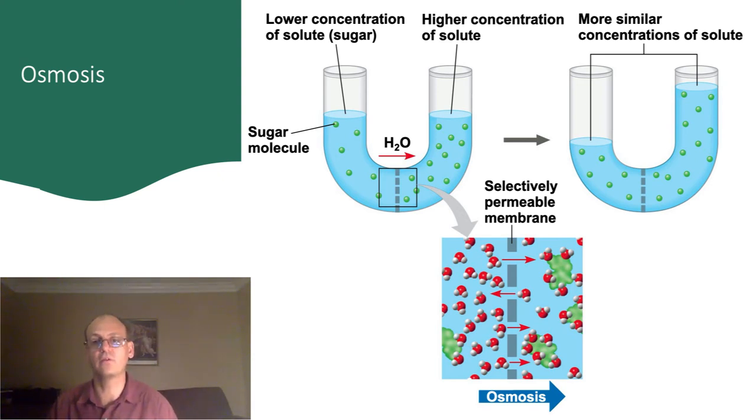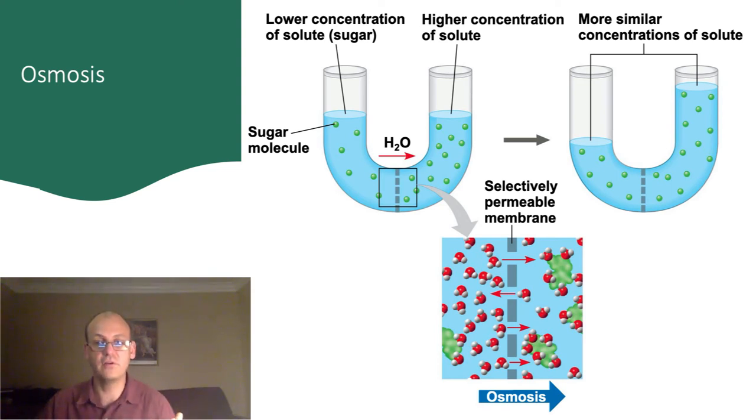Because the water molecules form a hydration shell and dissolve the sugar molecules, it's as if there are fewer free water molecules remaining on the right than on the left. Therefore, when water molecules move through the membrane, they will move from the region of high water concentration to the region of low water concentration. In this case, they're moving from the left to the right.